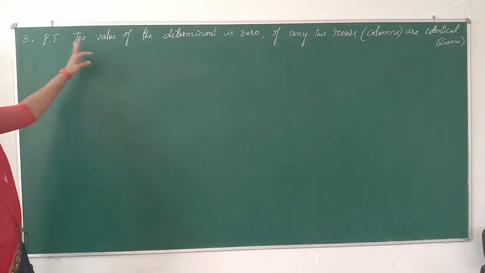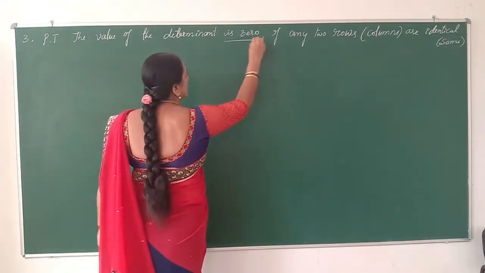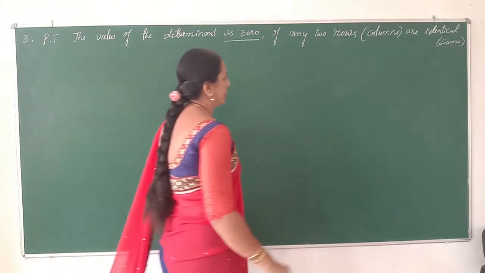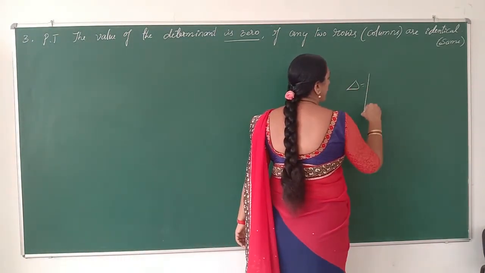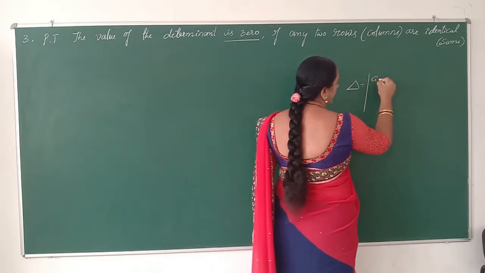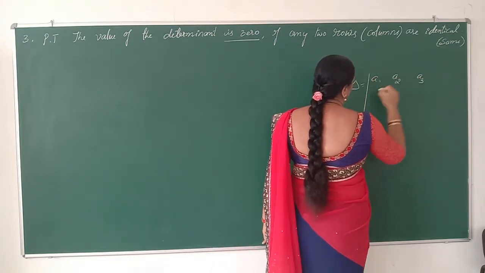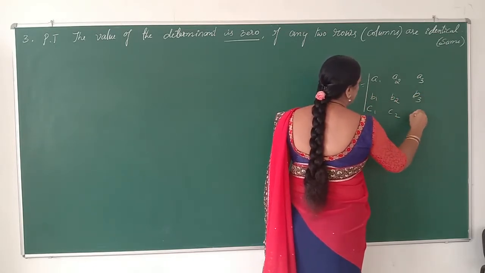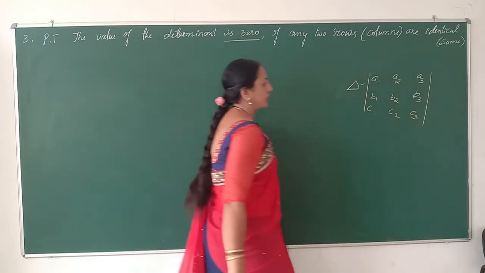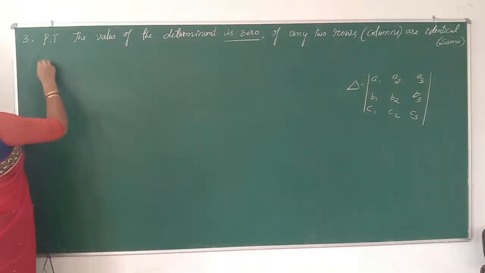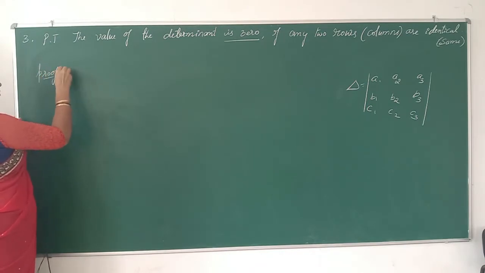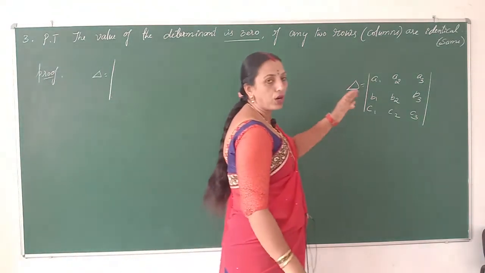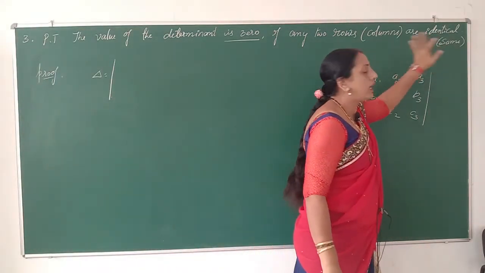Third one, prove that the value of a determinant is 0 if any two rows or any two columns are identical. Now generally, the elements of delta will be considered in the form of A1, A2, A3, B1, B2, B3, C1, C2, C3. These are the general elements of the determinant. But in these cases, we will choose any two rows or any two columns to be identical or the same.